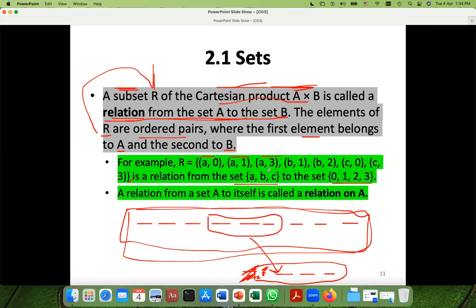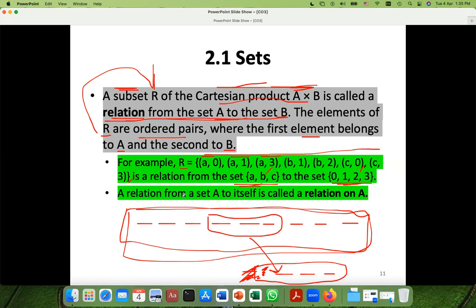If you calculate the Cartesian product of these two sets, A and B, it will be huge. But if this is a simply small portion from the Cartesian product of these two sets, then you can say this R is a relation from this set A to this set B.